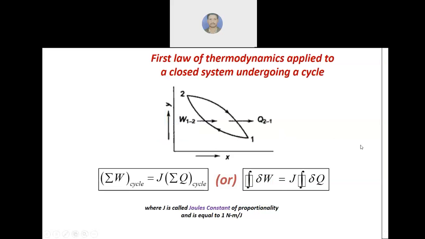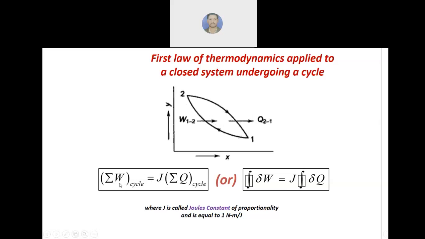The first law of thermodynamics for a closed system undergoing a cycle: again, in the same graph, process 1 to 2 has work transfer and process 2 to 1 has heat transfer. There is no other thing, only one work transfer and one heat transfer. Same thing is here.